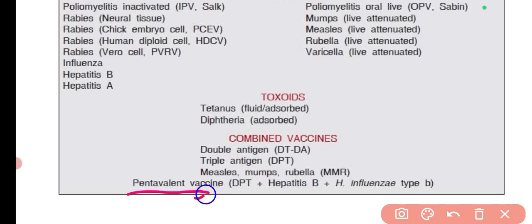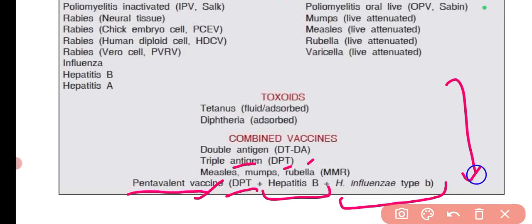Then there is pentavalent. Pentavalent means protection against five diseases: diphtheria, pertussis, tetanus, hepatitis B, and H influenzae type B. In combined vaccines, questions can be asked. So this table is very important for this particular topic.